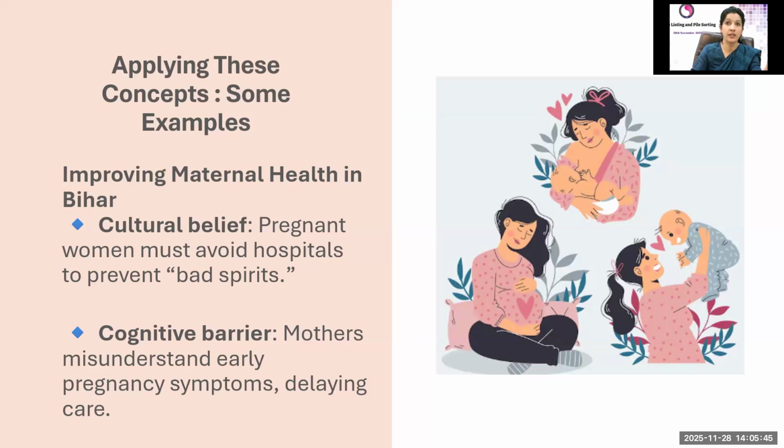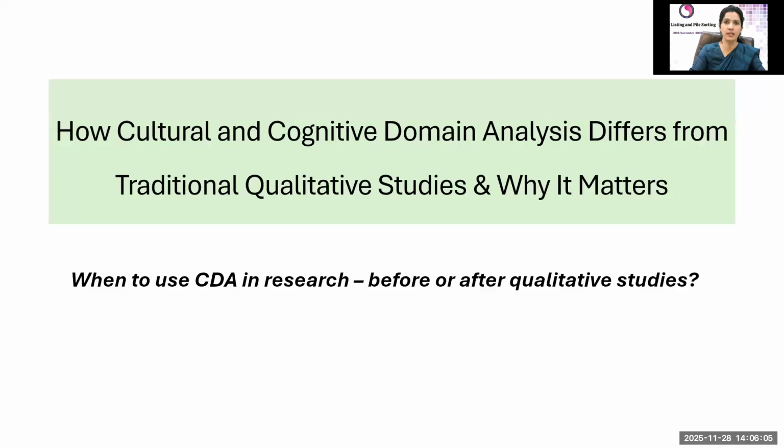And the cognitive belief may be that the mother misunderstands the early pregnancy symptoms. When you ask them, they might say, I'm not pregnant, or there's a delay in understanding whether there is an early pregnancy or not. So these factors might delay their access to healthcare in spite of the availability.